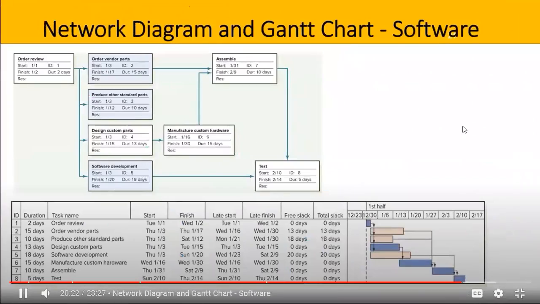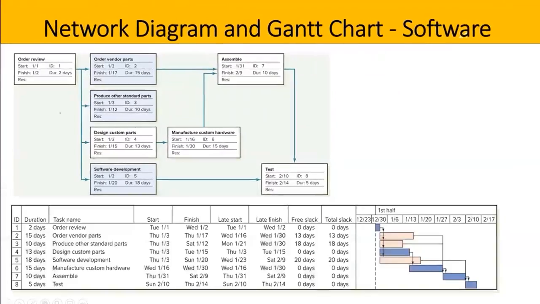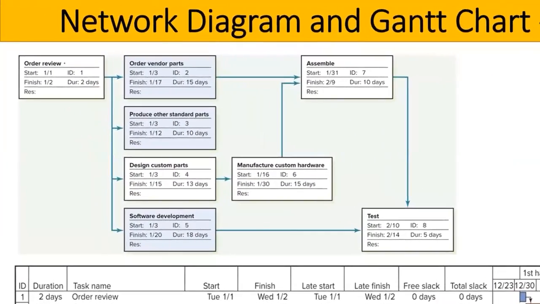On a final note, we'll look at network diagrams and their relationship to Gantt charts and how it appears when using software such as Microsoft Project. At the top we have the network diagram, so order review leading to order vendor parts, produce other standard parts, design some custom parts, software development. Designing of custom parts goes into manufacturing some custom hardware, which goes into assembly and then down to testing.